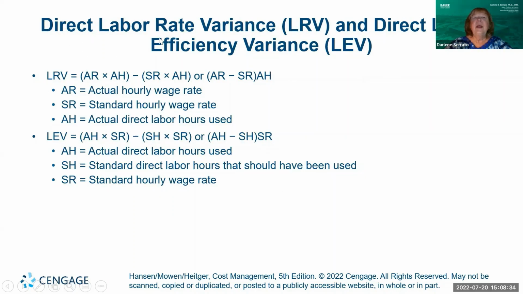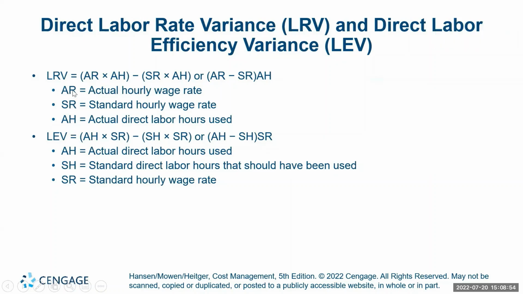Then we have direct labor variances. We have direct labor rate variance, and we have a direct labor efficiency variance. Again, we have the 4 variables. This time, R's are used for prices and H is used for hours.